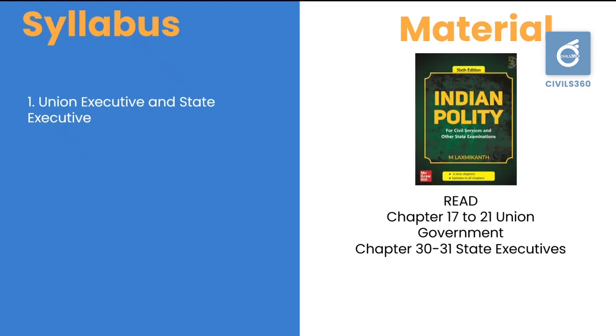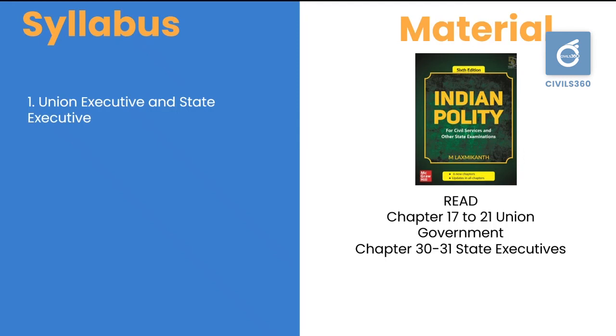After that, you will be moving to the standard textbook, that is Indian Polity by Laxmikanth, where you need to focus on chapters 17 to 21 for Union Government and chapters 30 to 31 for State Executives. Here the change will be that in the previous lessons you were understanding the concepts about Union and State Executives.